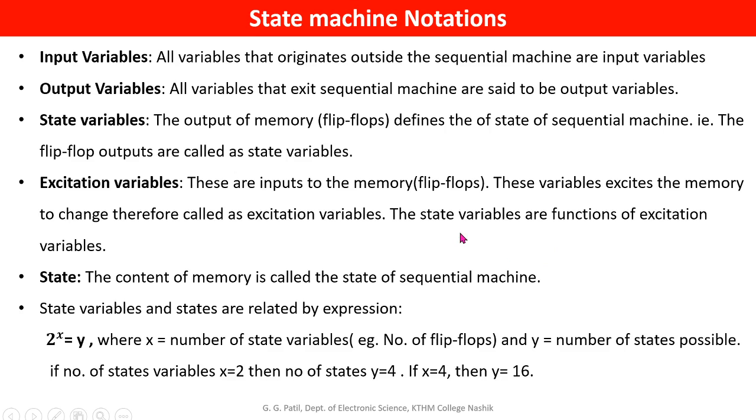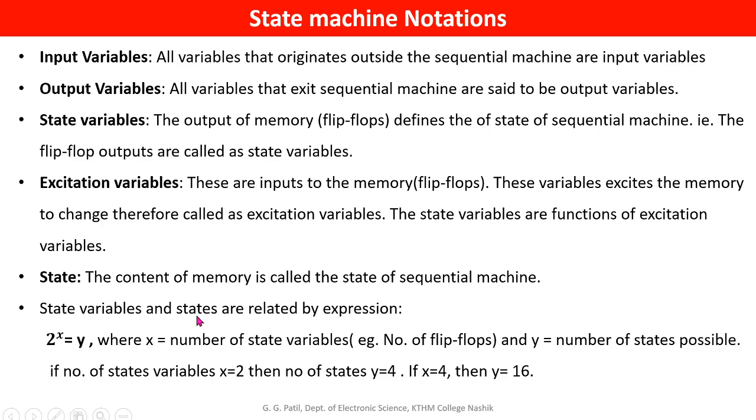The output of the input logic circuit generates the excitation variables, and these are given as input to the memory. Since they excite the memory or cause the memory to change, they are called excitation variables. Then the content of memory is called the state of the sequential machine.